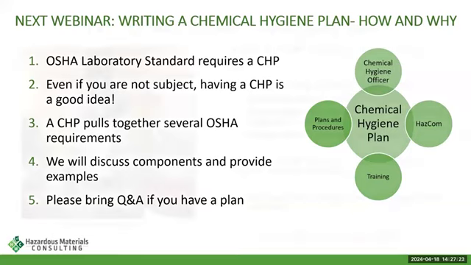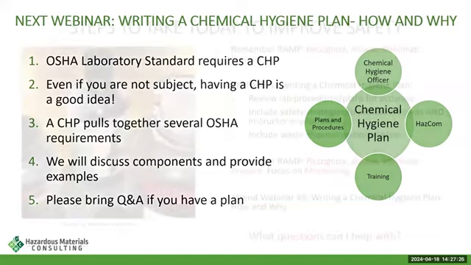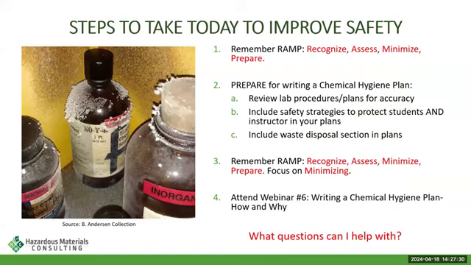As you're going through all this, as you're identifying things that we're going to also have in your chemical hygiene plan, remember RAMP, developed by the American Chemical Society. We want to recognize, assess, minimize, and prepare.